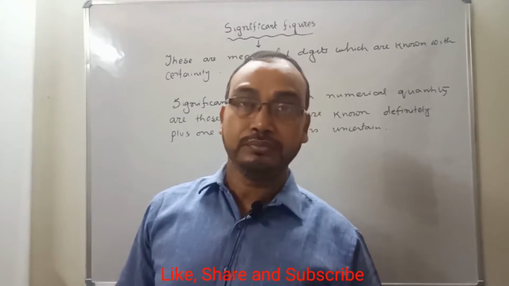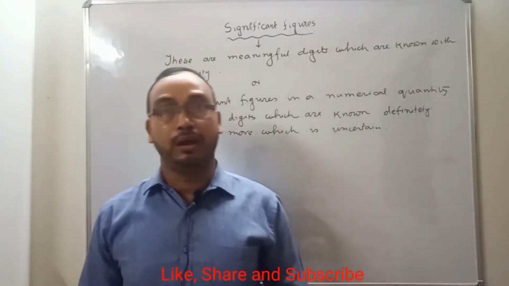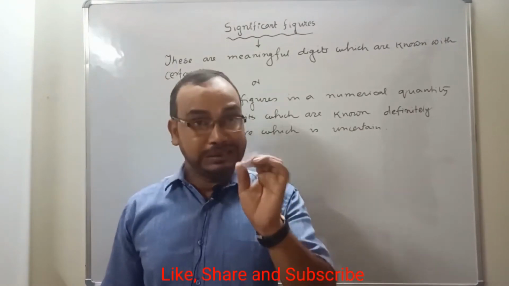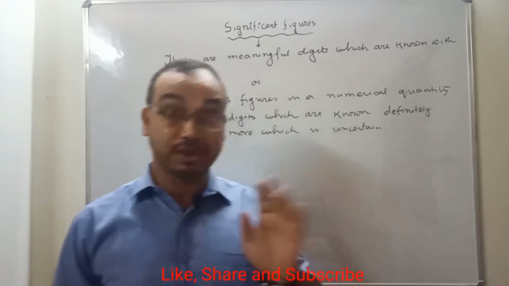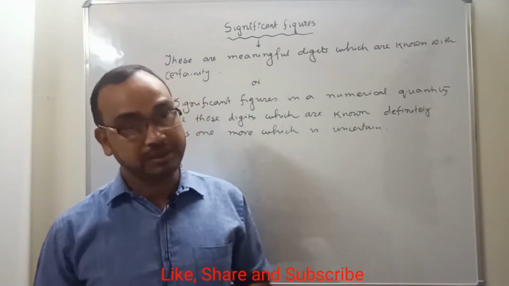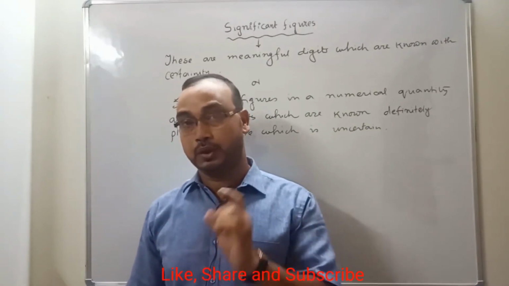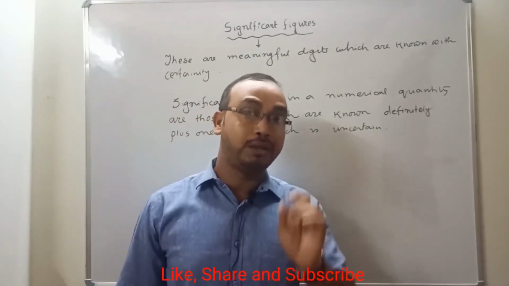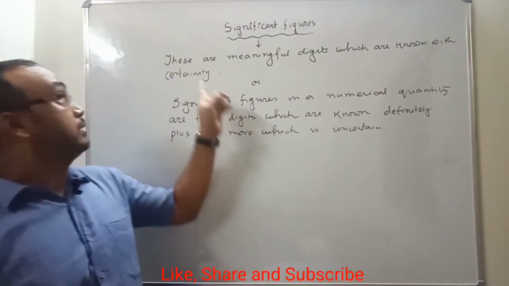So, significant figures are the digits which are known with certainty, along with one uncertain digit.